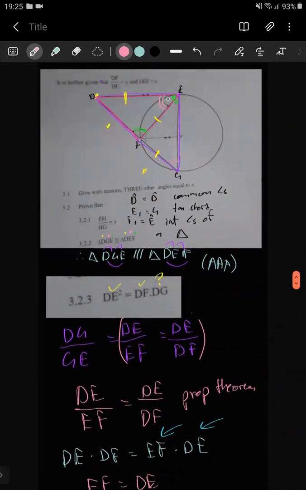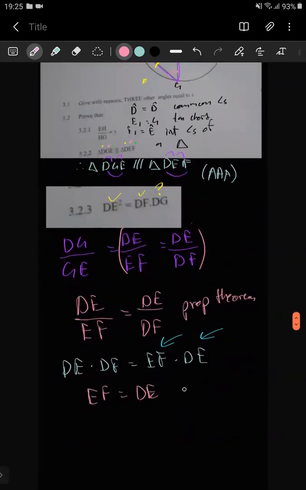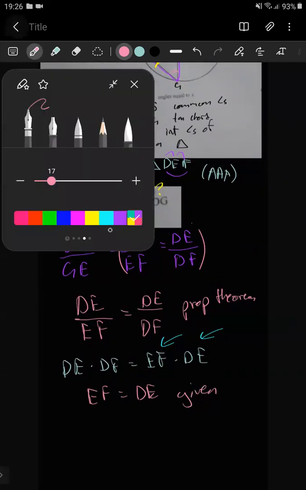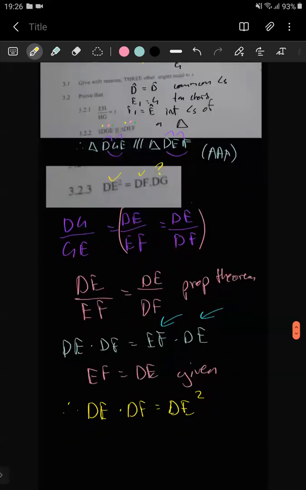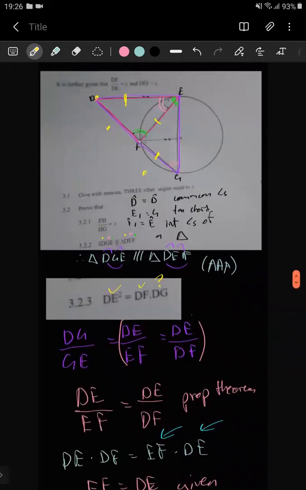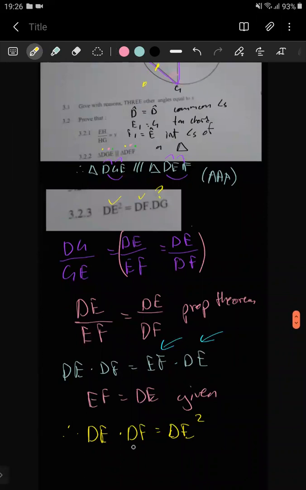This is something that's given. So if that is given, the next step we can write DE times DF is equal to DE squared. Fine. So we have our DE squared somewhere, somehow. We have our DF here. Now the problem is the DG.